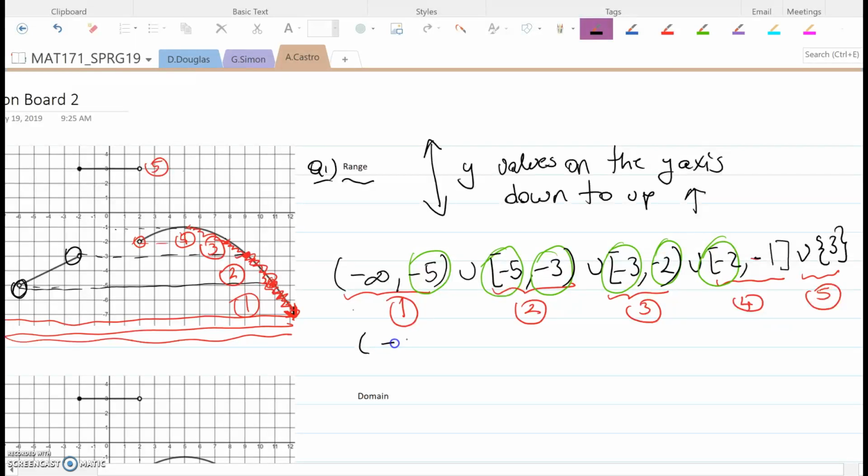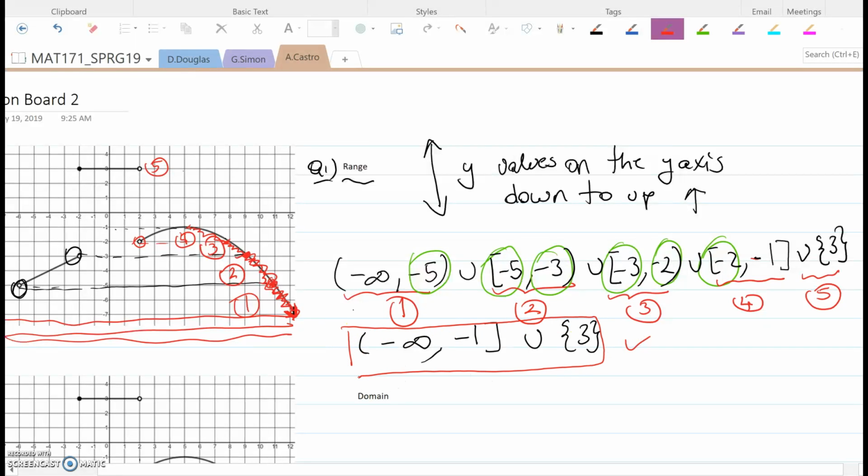It's sort of like they're canceling each other. So I can say that I can go from negative infinity to negative 1 with the bracket, union 3. That will be the simplest version that we're going to prefer. So this will be my range answer.